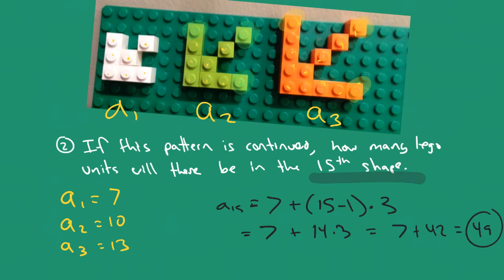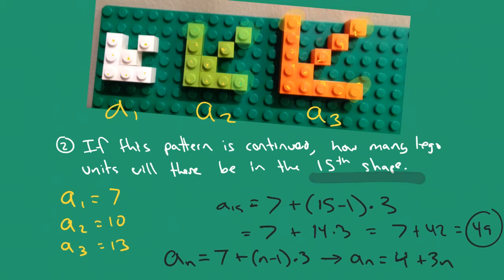So in the 15th shape, there would be 49. It doesn't say it here, but let's do it. If it was for the nth shape, to find the number of Legos in any of these shapes, we would just keep n in the problem. So 7 for the first term, plus n minus 1 times the common difference of 3. And if we distribute that out, we get a_n equals 3n minus 3, so 7 minus 3 is 4, plus 3n.